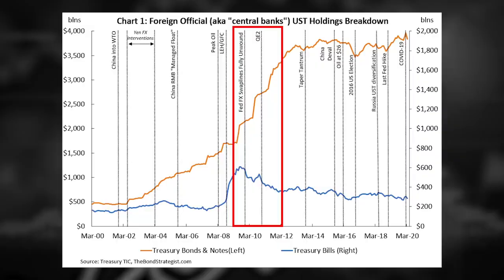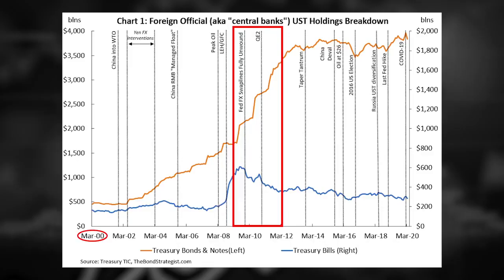So let's dive right into chart number 1, and it looks like it's the foreign official U.S. Treasury holdings breakdown. So can you explain this to us, and what type of data can we extract from this chart? Yeah, so the first chart that we're going to spend some time unpacking has a lot of moving parts, and I'm looking at it as we speak.